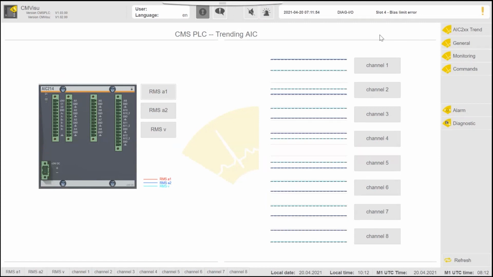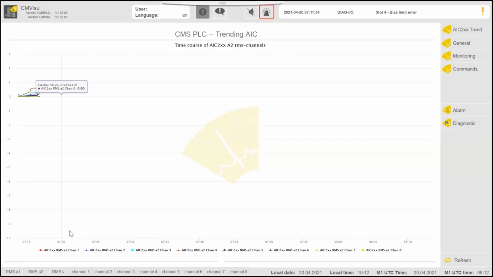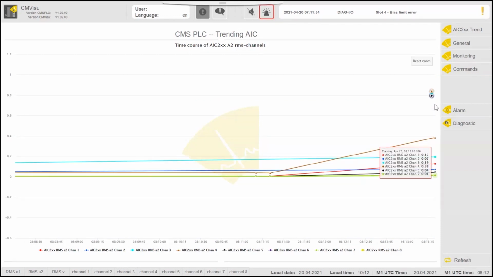So I shall just start up the rig, and if I go into one of the trends, we have here a selection of different measurements. Yeah, here we are. We've started now. We've got our first measurement points coming in there.